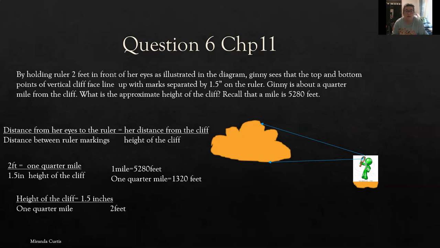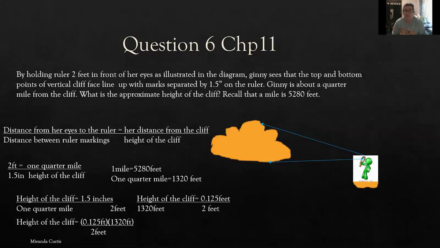Okay, next we flip it. So we do our equation. We put the 1.5 inches over 2 feet, and then we have the height of the cliff. Remember, you converted things. So you have 0.125 feet over 2 feet, equals the height of the cliff over 1,320 feet.